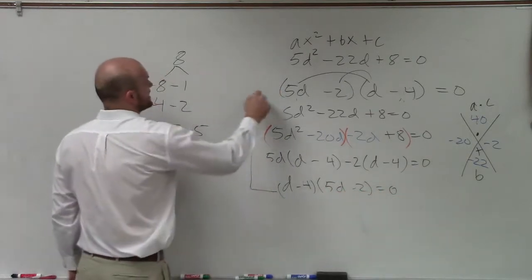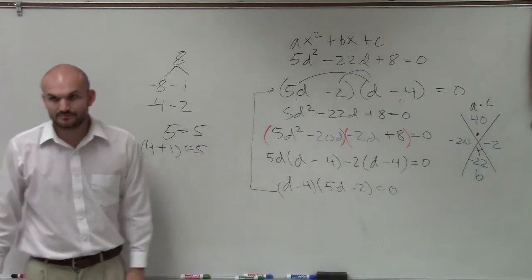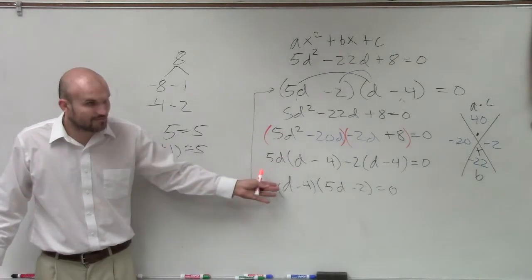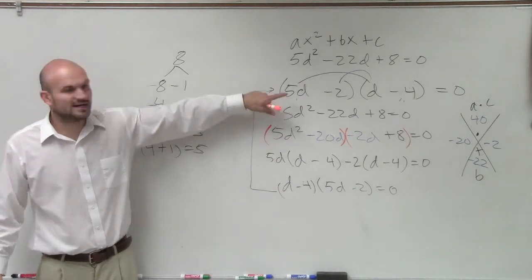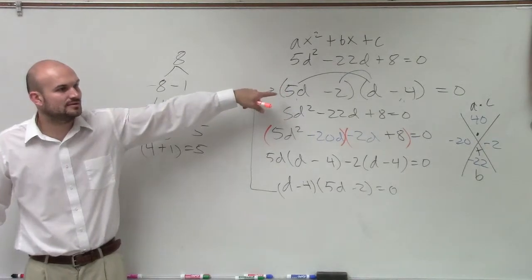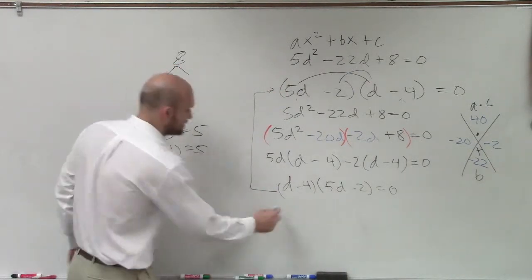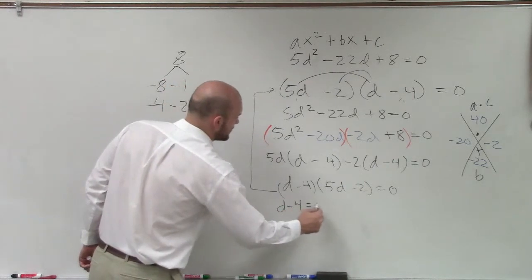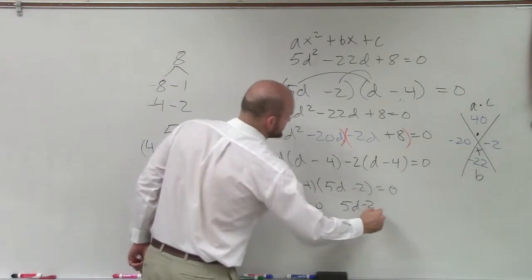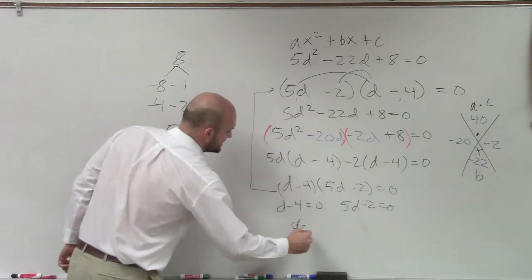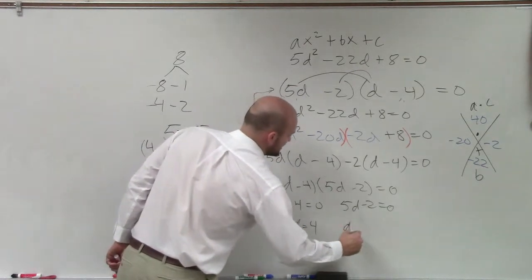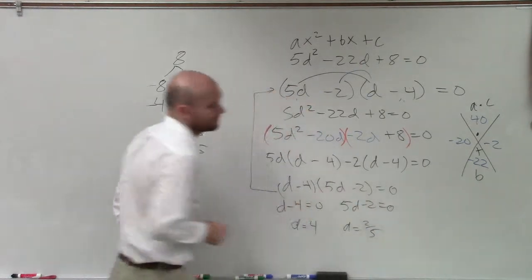Do you guys see how I got to exactly the same answer? This is longer, but it's like foolproof. Here, you're kind of just doing more guess and check, right? So now you can just solve it by setting them both equal to 0. So d minus 4 equals 0, and 5d minus 2 equals 0. Therefore, d equals 4, and here d equals 2/5. Okay?